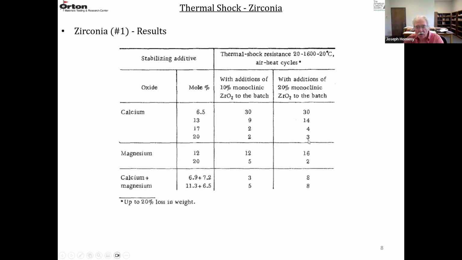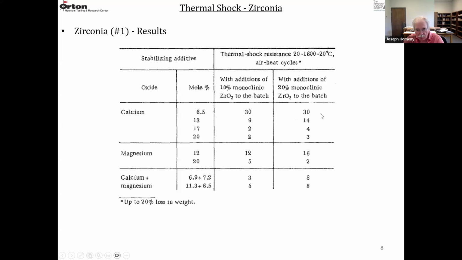So they're much lower. And then the magnesia stabilized material with the highest monoclinic at 12 and 16, and then with the lower contents, we're down to 5 and 2. And both of these had lower monoclinic contents and 3 and 8 and 5 and 8 cycles.